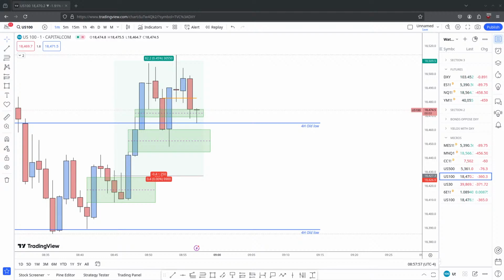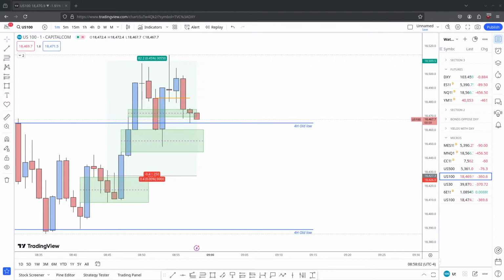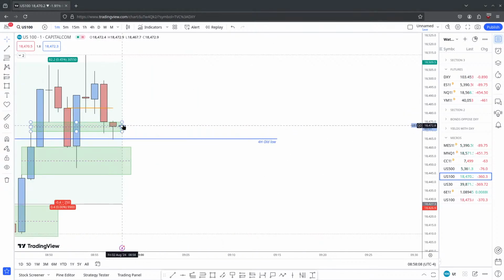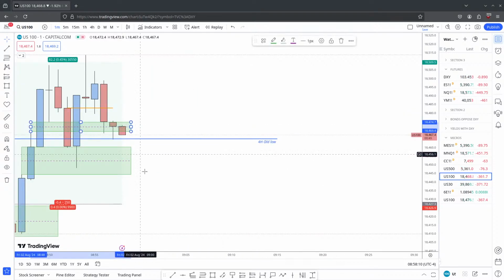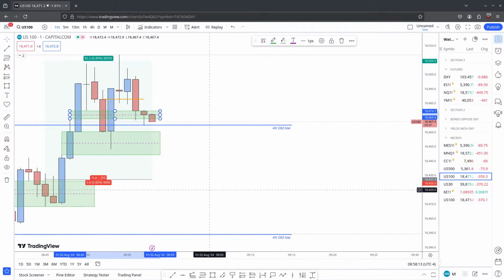See if we can get a candle close above that there. We did close above that consequent encroachment though, but it's not looking good.